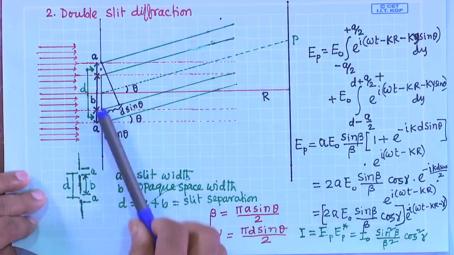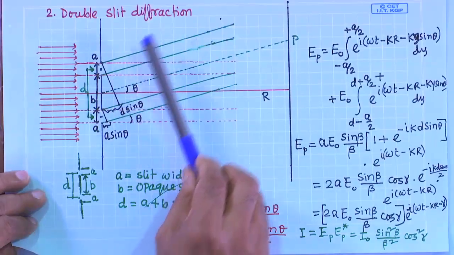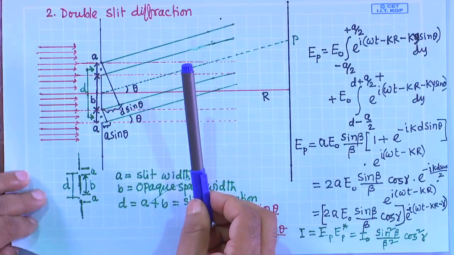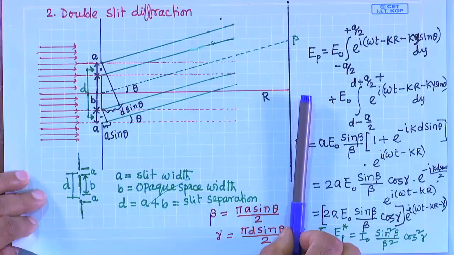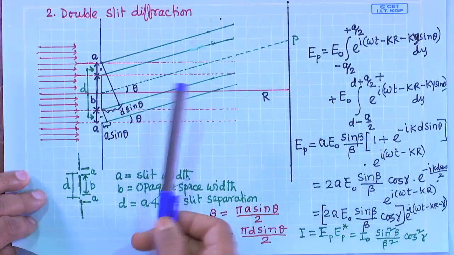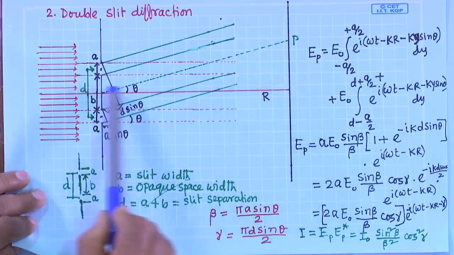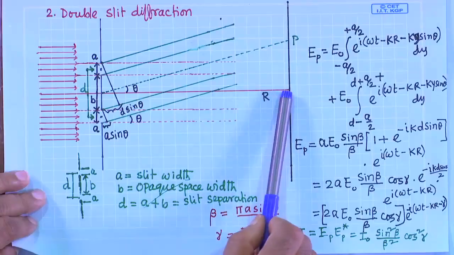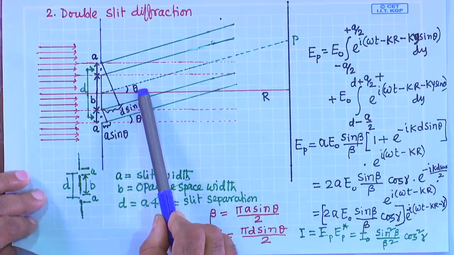These are the secondary wavelets coming from both slits, and there will be interference among them, and we want to find the intensity distribution on the screen placed here. If I draw a normal from the middle of the slit, with the screen placed normal to this line, and consider a set of parallel rays, this angle is theta.